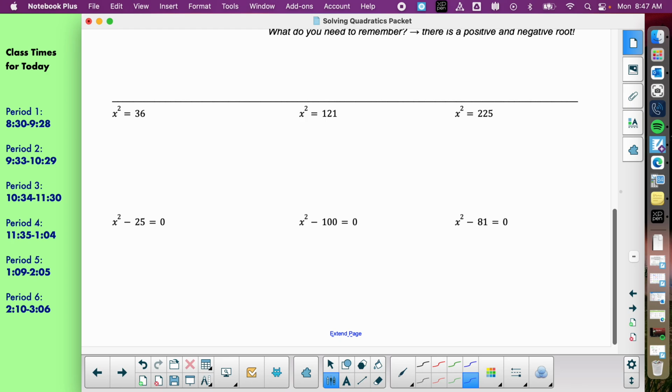So, I'm looking at this one right here. What's going to be the opposite of squared? What? Oh, is it like basically dividing by like 36? Is that what you're trying to do? Square root. I think you were in the bathroom when we did the last problem. Okay, so square root is going to be the opposite of squared.